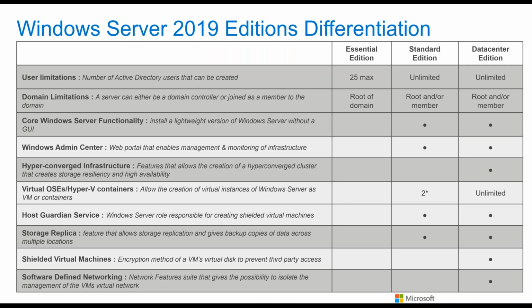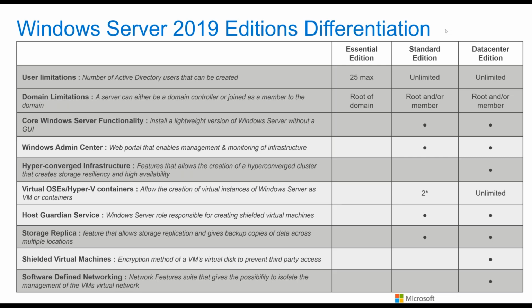If we look at the three different types of Microsoft licenses, we have the Essential Edition, the Standard Edition, and the Data Center Edition. Each edition has some limitations and some features that are important for our end customers to be aware of.